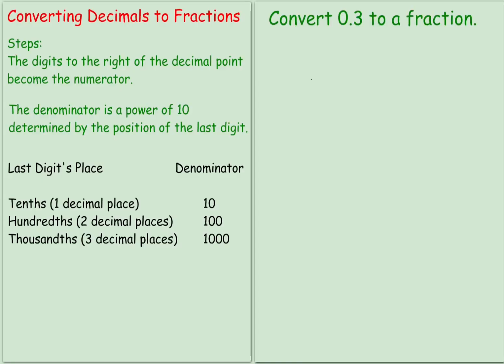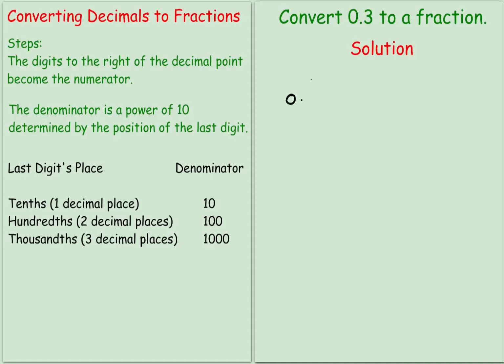You have to convert 0.3 to a fraction. So how do we go about it? Looking at our steps, it says, first of all, the digit to the right of the decimal point becomes the numerator. So looking at 0.3, this is our decimal point. To the right of the decimal point is where we have the 3. So that becomes our numerator. We have 3 over.